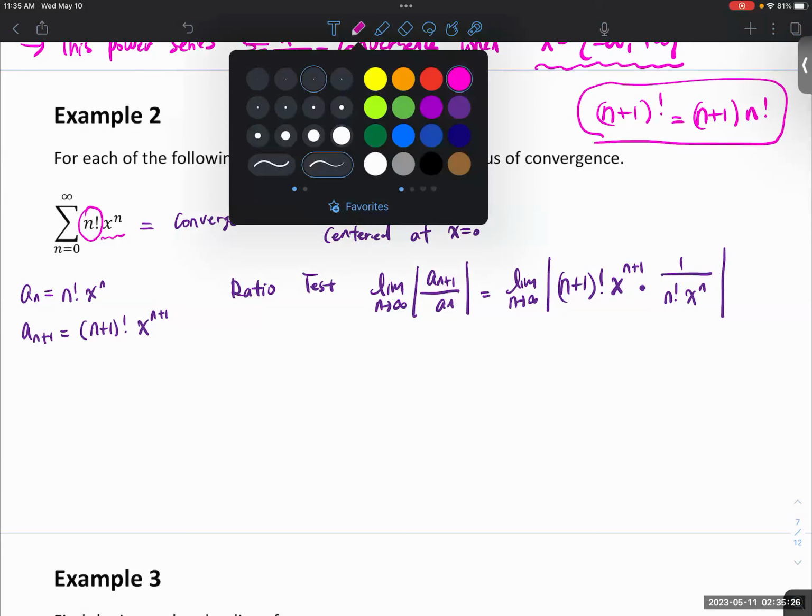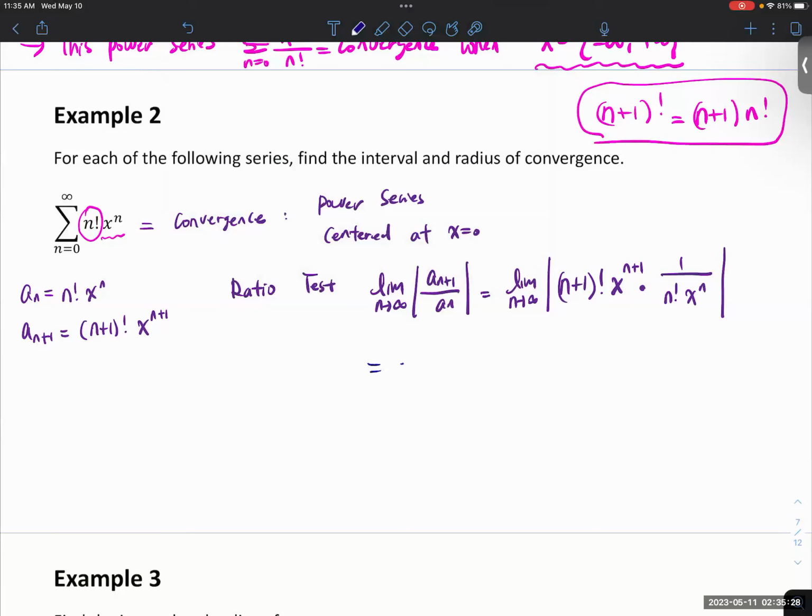So therefore, you can rewrite it. (n+1) factorial is (n+1) times n factorial, and x to the n+1 means x to the n times x. You can see the structure.